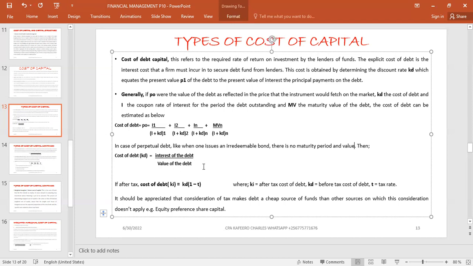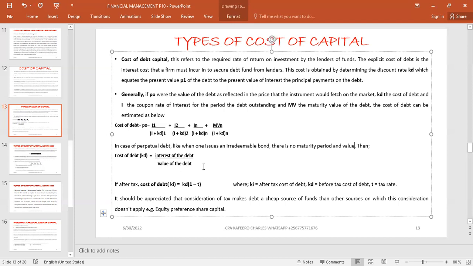But if you are given the tax rate, and to give you some idea, because most of the times the question may be silent and they don't give you the percentage, as you know, companies, based on the taxation laws of Uganda, we charge 30%. That is the tax we charge to companies.